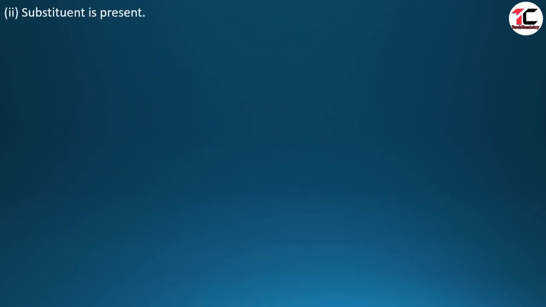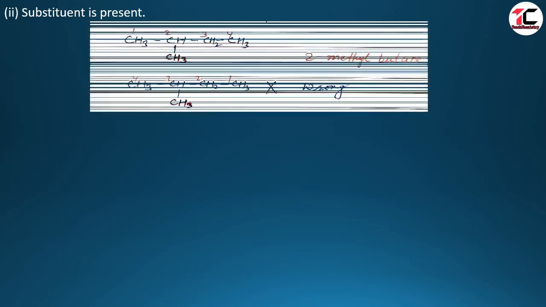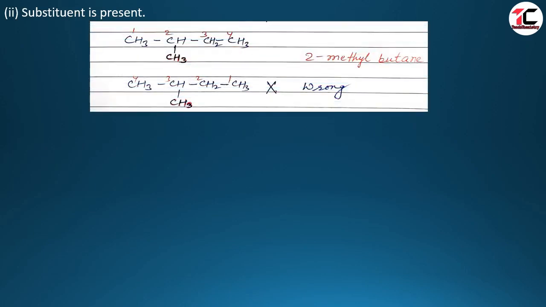If a substituent is present, then how can we number and how can we name it? Here is a chain of 1, 2, 3, 4 carbon atoms, and here is the substituent, that is CH3. It is not present in the main chain. How can we number? We have to number such that the substituent comes to the nearest side.